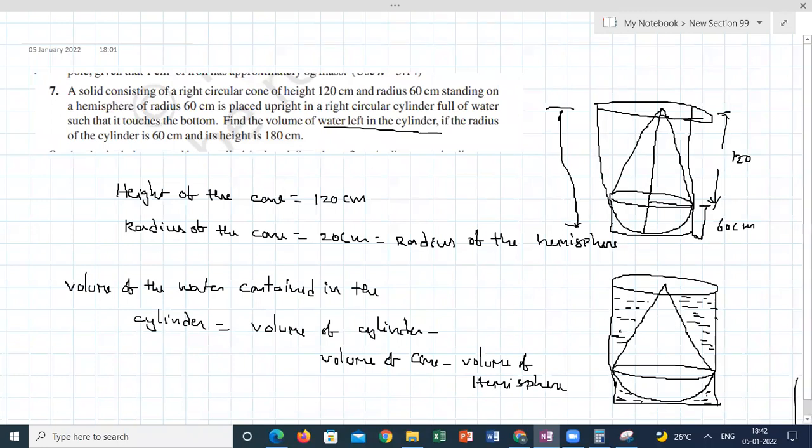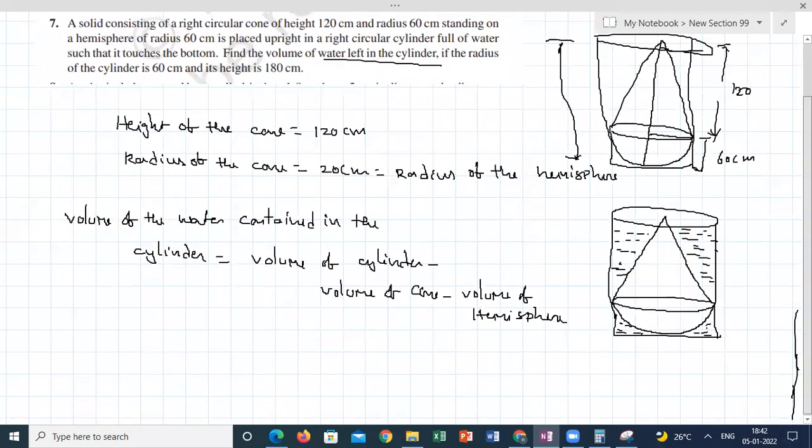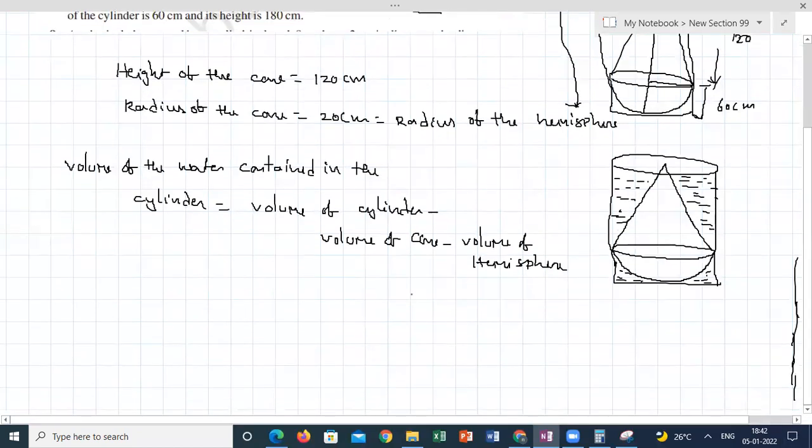Here height of the cone is different, cylinder height is different, and radius of the cone is same as the cylinder radius and sphere radius.